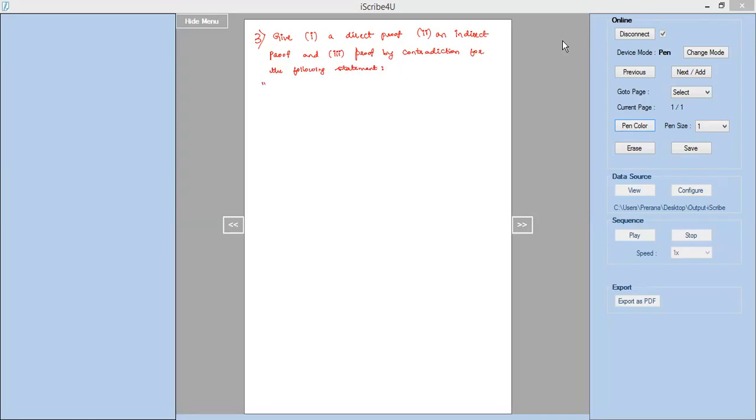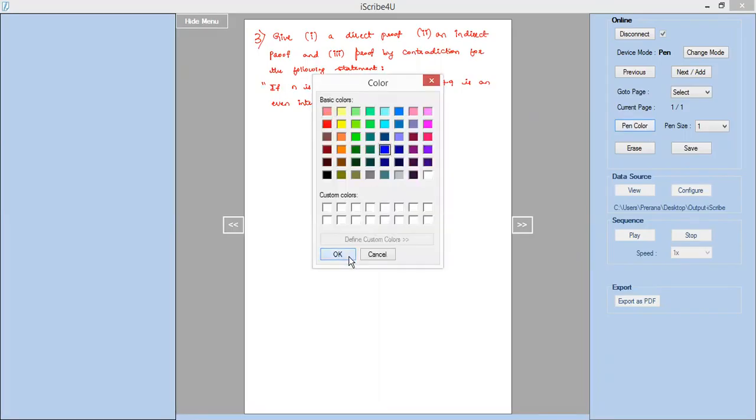We'll write down the statement in quotes: if n is an odd integer, then n plus 9 is an even integer. So for the given statement, we have to give a direct proof, an indirect proof, and the proof by contradiction. So we are trying to do three different proofs here and prove the required result.